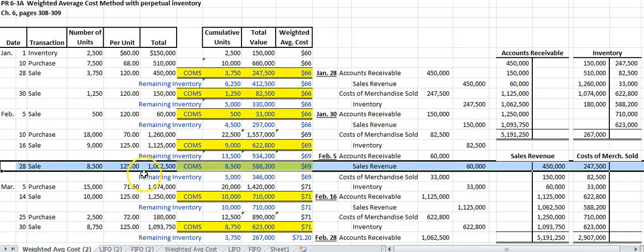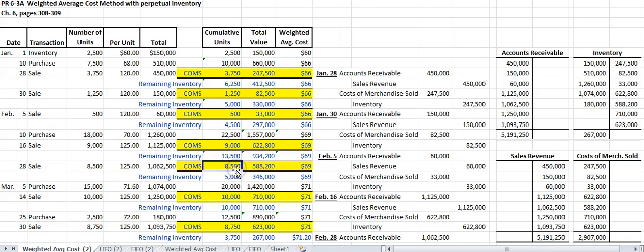And my next sale is going to be 8,500 units, sales revenue of 1,062,000. I sold that 8,500 units at $69.20 for a total cost of merchandise sold of $588.20.